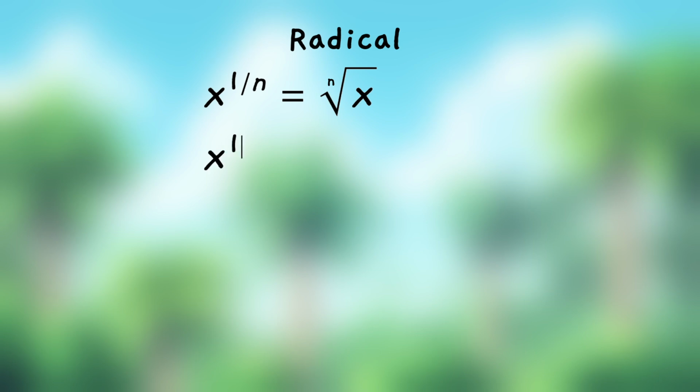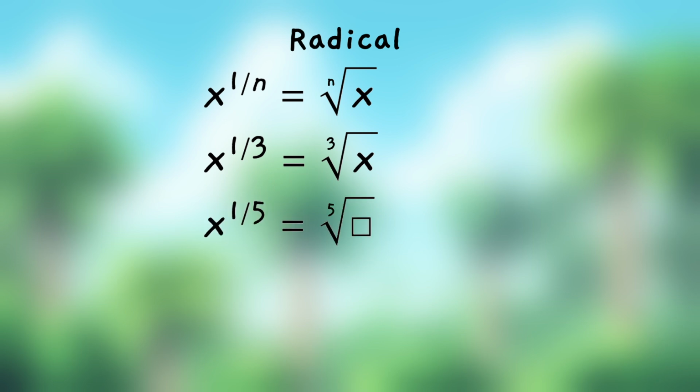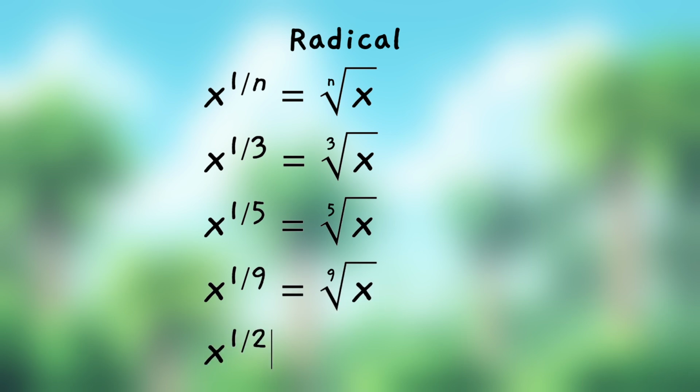So x to the 1/3 power, you could also write it as a 3, radical symbol x. X to the 1/5 power would be a 5, radical symbol x. X to the 1/9 power would be a little 9, radical x. However, x to the 1/2, when n is 2, you don't write the little number.